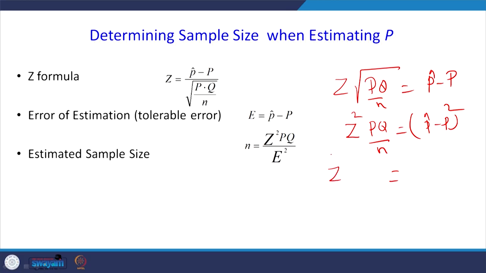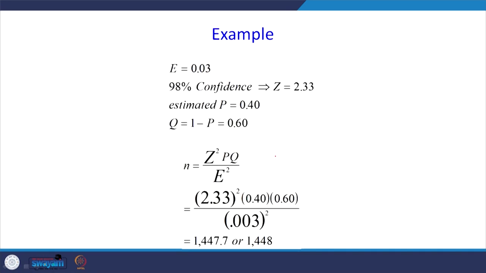So this will become z square p q divided by p hat minus p whole square, that is nothing but your n. This p hat minus p, you can call it as e, so that is e square. So n equals z square p q divided by e square.